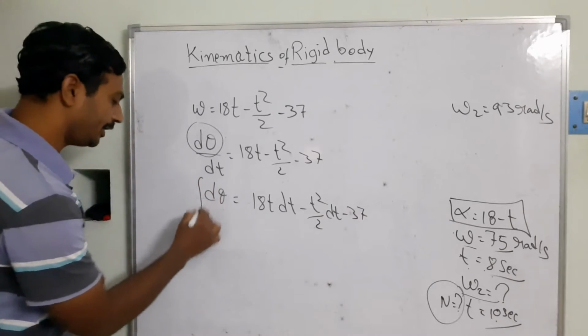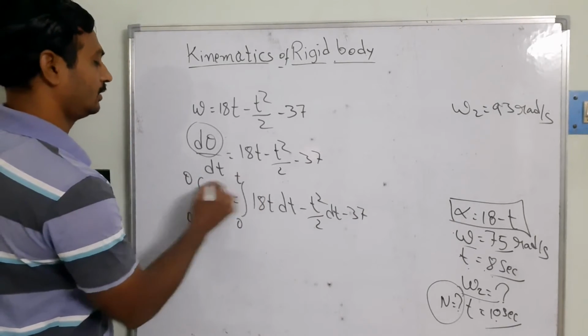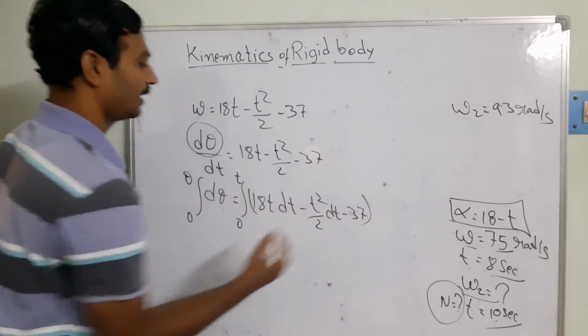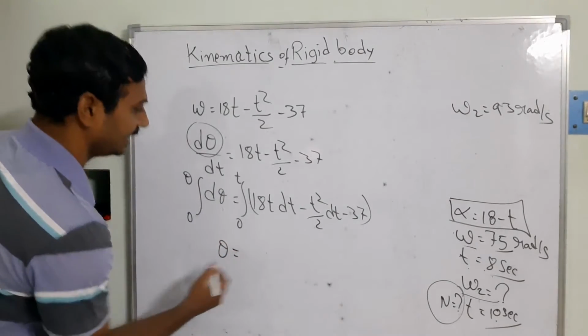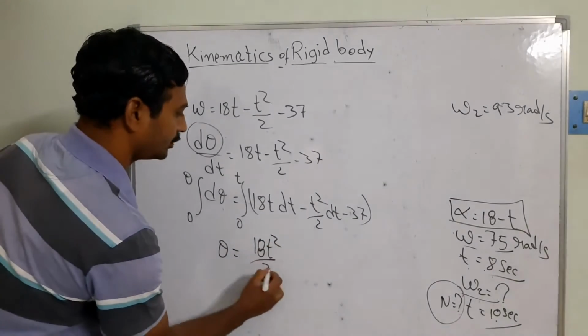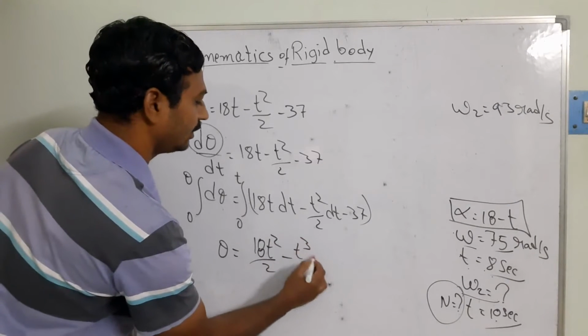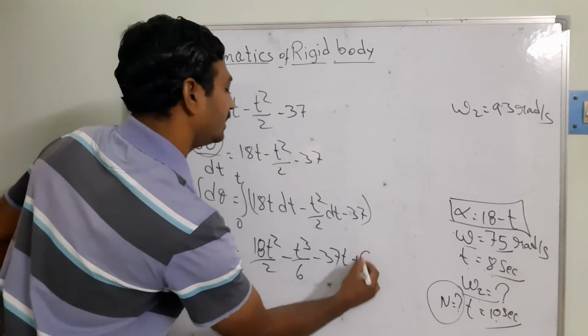If I integrate theta from 0 to theta and time from 0 to t, I get theta is equal to 18 t square by 2 minus t cube by 6 minus 37t plus C2.